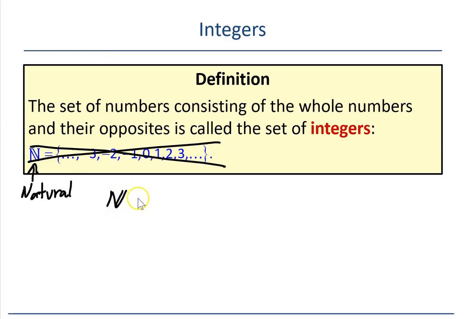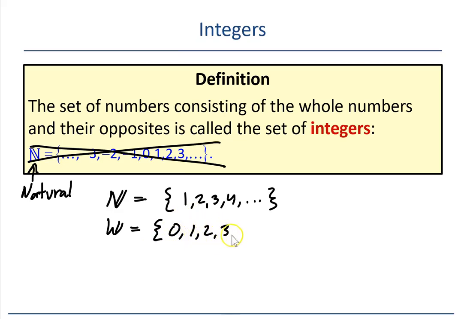Okay, the natural numbers look like the set starting at 1, and they go 2, 3, 4, ... and they're going to keep going on forever. Then you have the set of whole numbers. It's the same thing as the natural numbers, just add 0, and then go 1, 2, 3, 4, and so on.